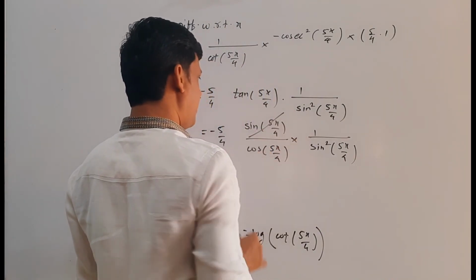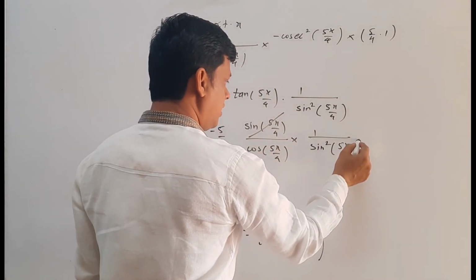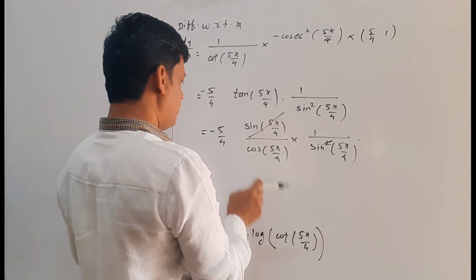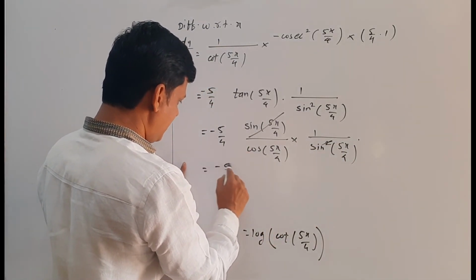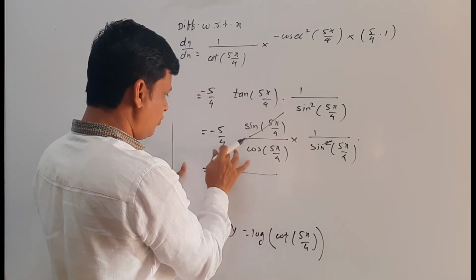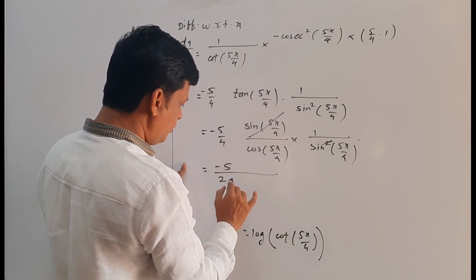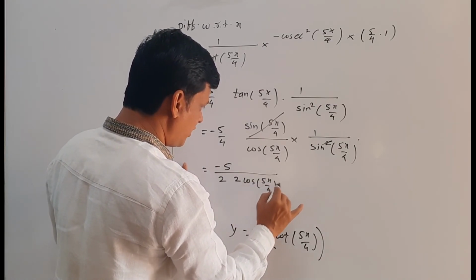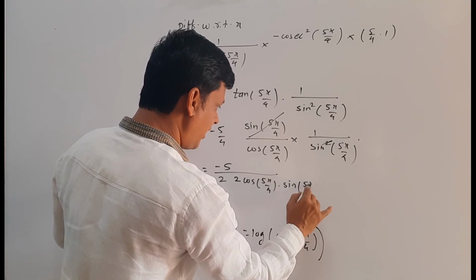Now one sin 5x by 4 gets cancelled with this sin 5x by 4 from the square. So we get here minus 5 upon, this 4 can be written as 2 into 2. So we write 2 cos 5x by 4 into sin 5x by 4.